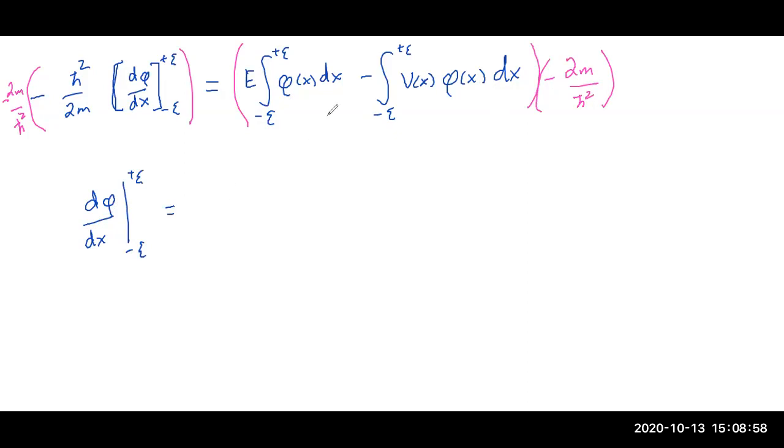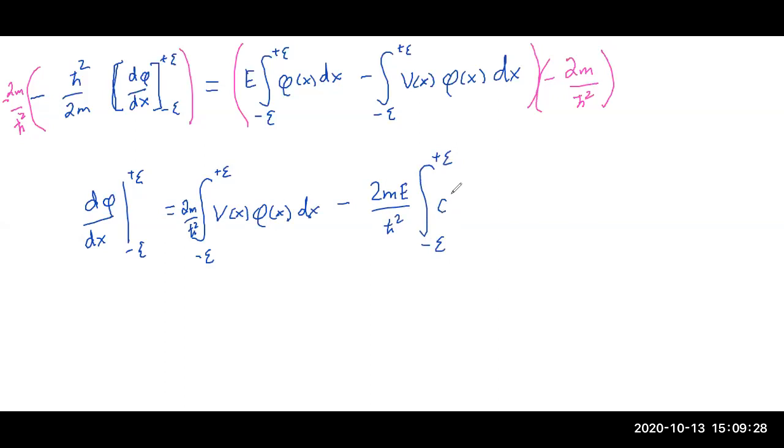This is now equal to, the minus signs here on the right are going to cancel, so I'm going to write this term first. This is the integral from minus epsilon to plus epsilon of 2m over h bar squared, V of x, phi of x, dx, minus 2mE over h bar squared, times the integral from minus epsilon to plus epsilon of phi of x dx.